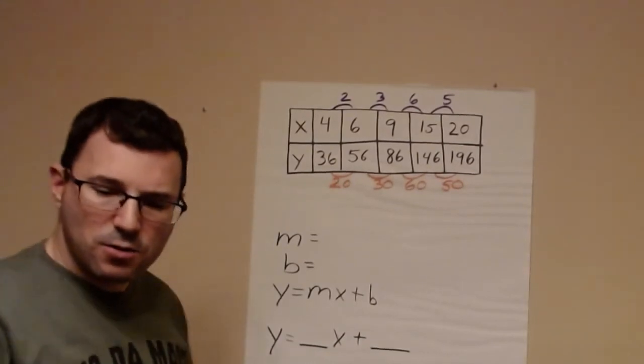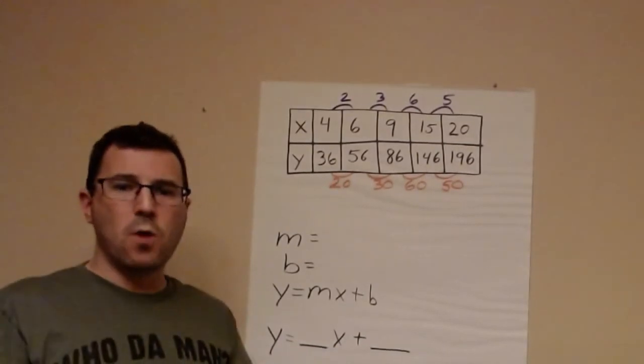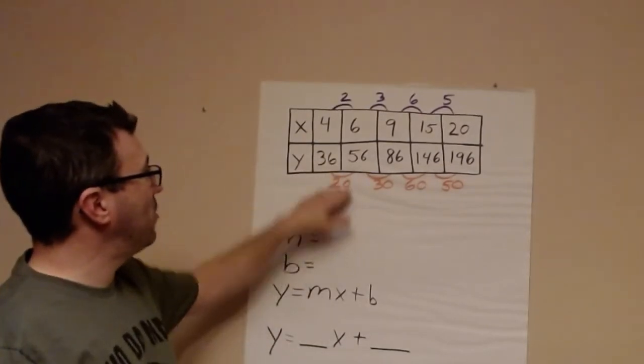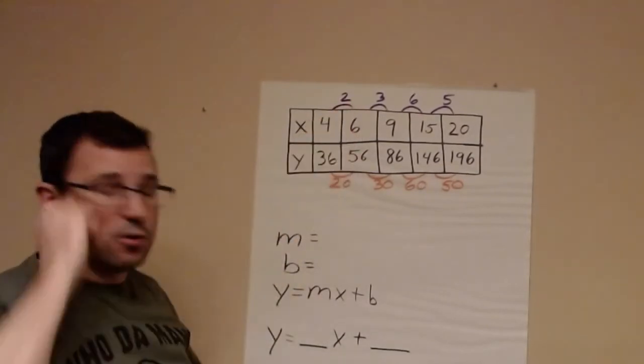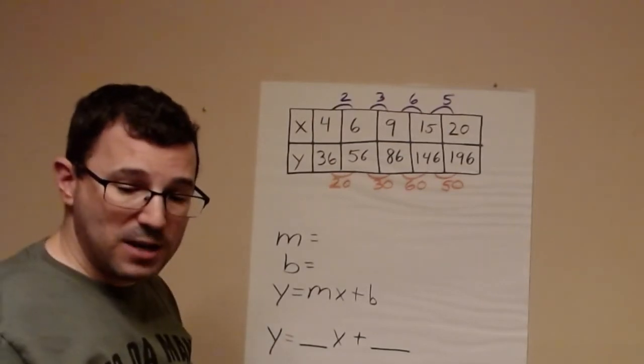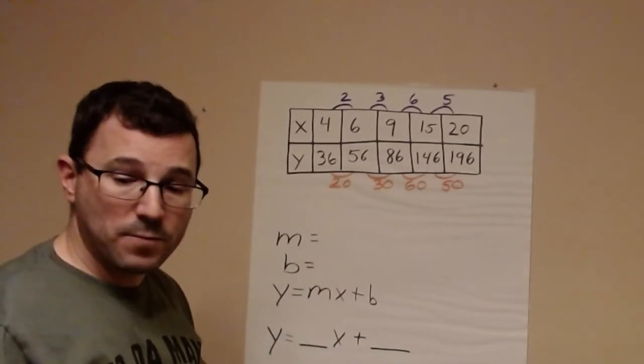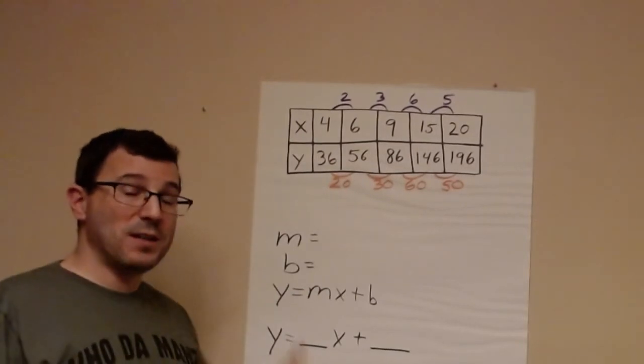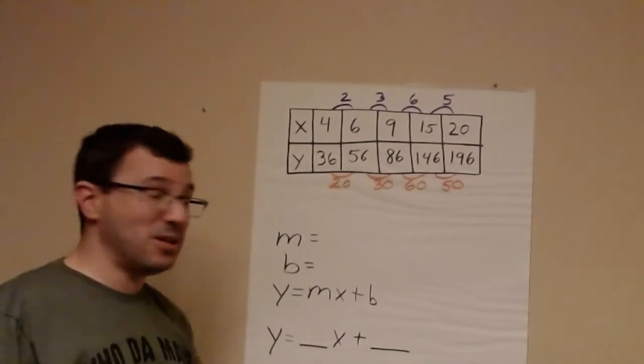So what I can do now is take one of those pairings and use it. So I got the 20 and the 2. Again, I'm going to do the change in y over the change in x, because that's how we find the slope.